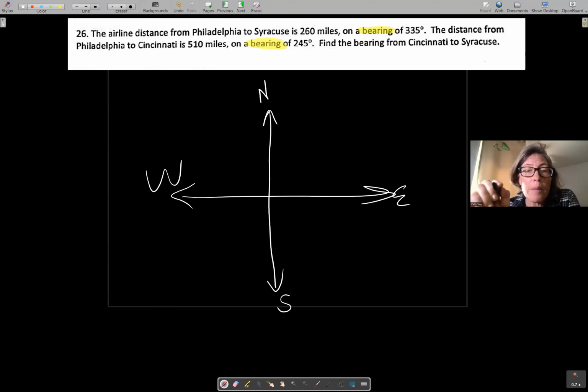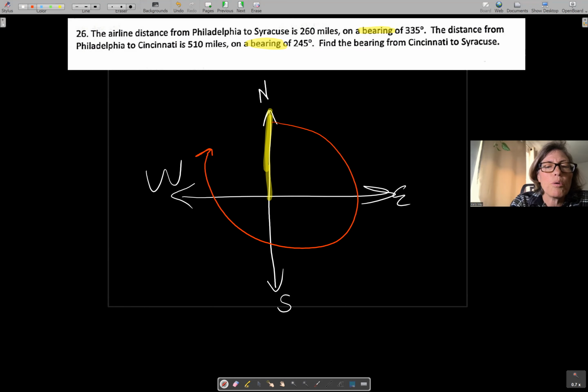So besides the fact that bearing is always measured from the north line, bearing is also always going to be clockwise. So when we talk about angles in bearings, it's from the north line and it's clockwise.